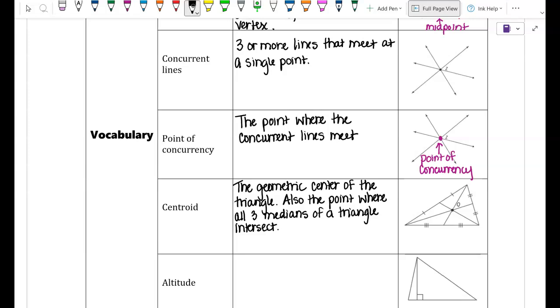And the centroid is 2/3 of the way from the vertex.